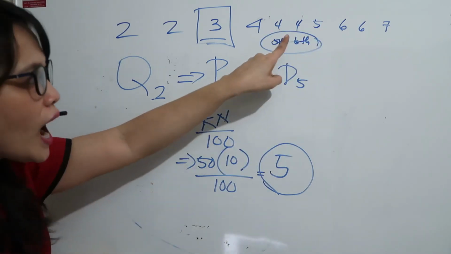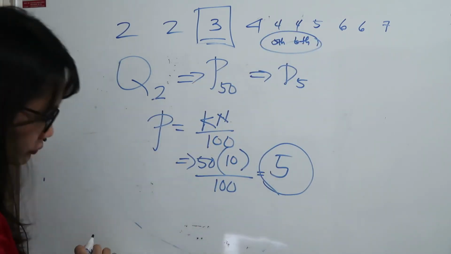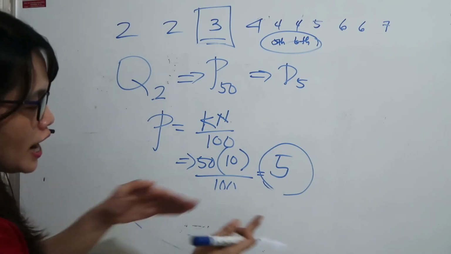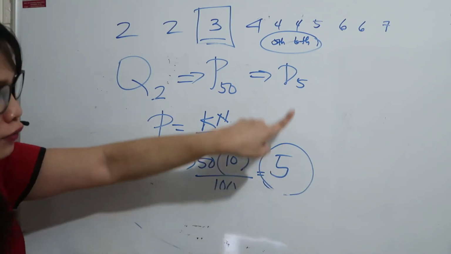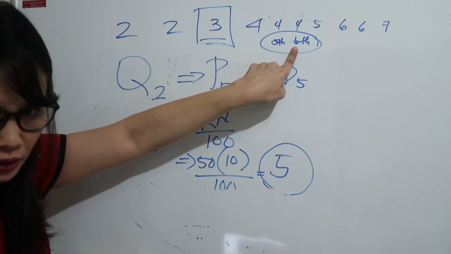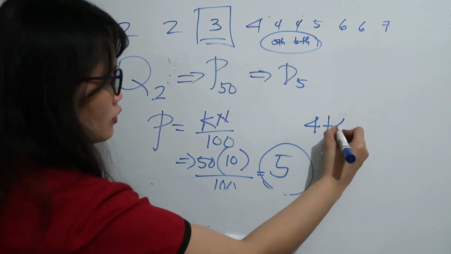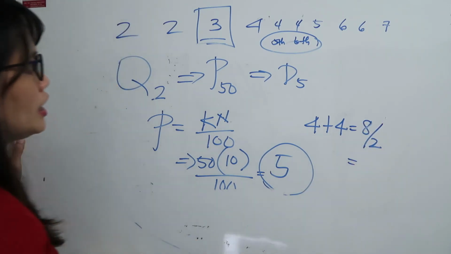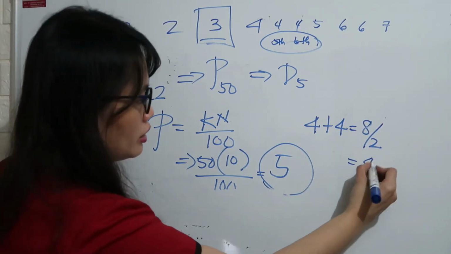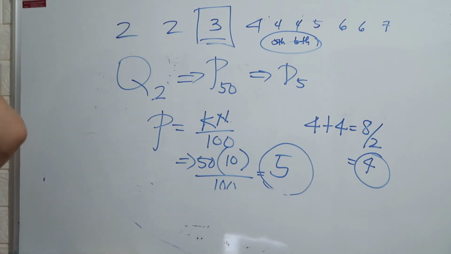You need to add: 4 plus 4 is 8, divided by 2. What is the answer? Okay, 4.